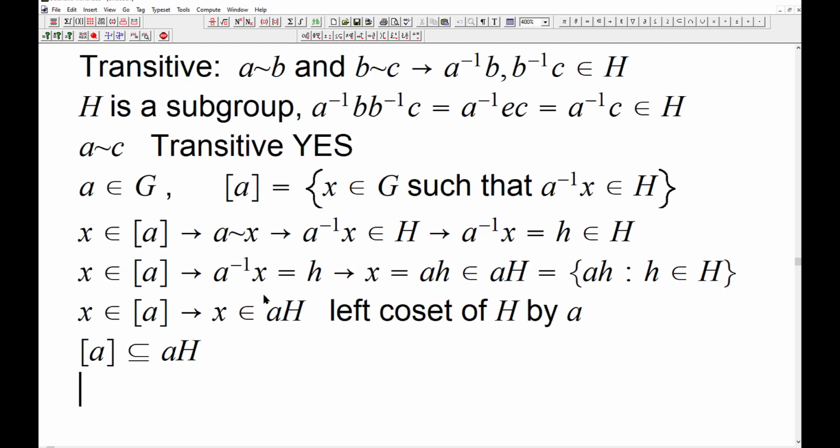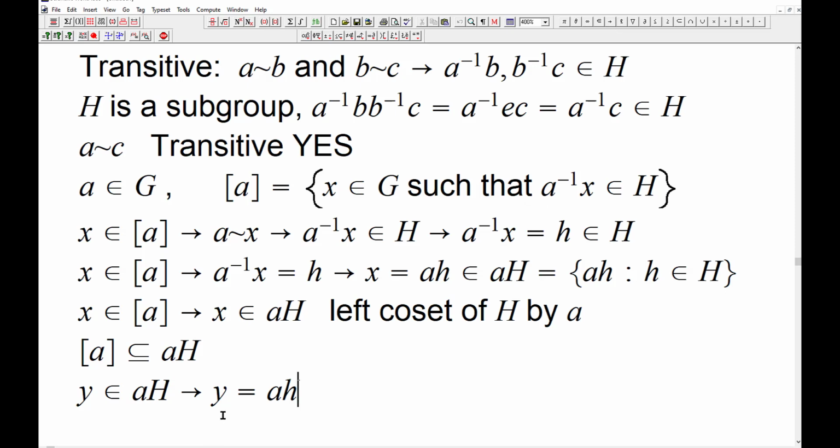Now let's see, if we take an element in this left coset, A capital H, all right, then, or rather, let's see this here, I'm sorry. If we take an element, say y in AH, then what that means is that y should be AH for some H in capital H, right?